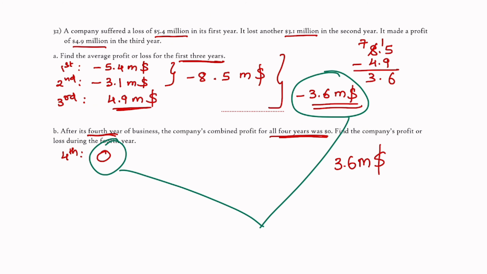Then only they can reach. This is minus here, this is plus here. That's how it's going to reach there. So the profit is $3.6 million. It's the profit in the fourth year. That's good. At least no losses. They covered it up. It took 4 years, but they are there. At the end of the 4th year, it is clear. No profit, no loss. Simple?